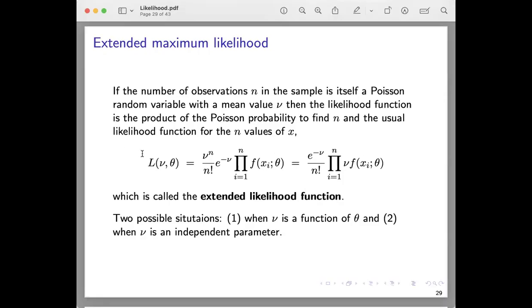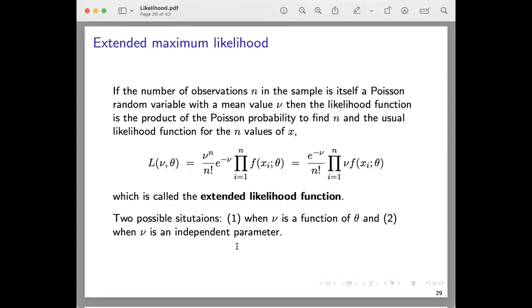So in that case, the likelihood will be the product of these two probabilities, and will look like this. In such cases it is called the extended likelihood function.